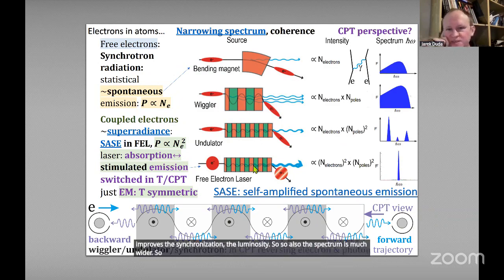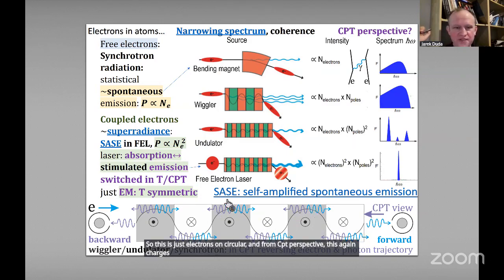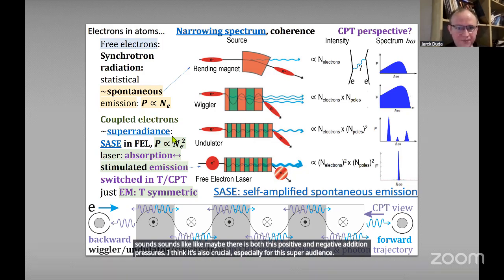So again, it seems that maybe the farther electrons also help with this stimulated emission, because if you look at it from the CPT perspective, this is just electrons on a circle, and from the CPT perspective, again charges on a similar line. So it sounds like maybe there are both positive and negative radiation pressures. I think it's also crucial, especially for this superradiance here.